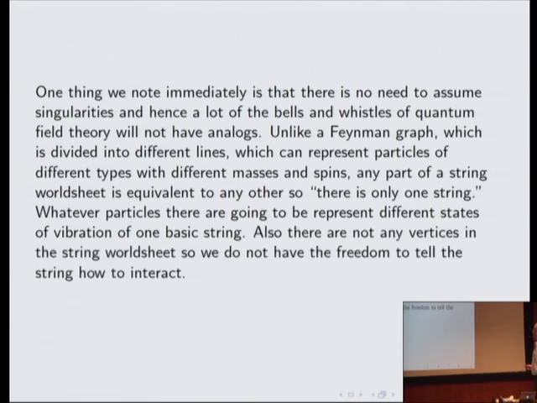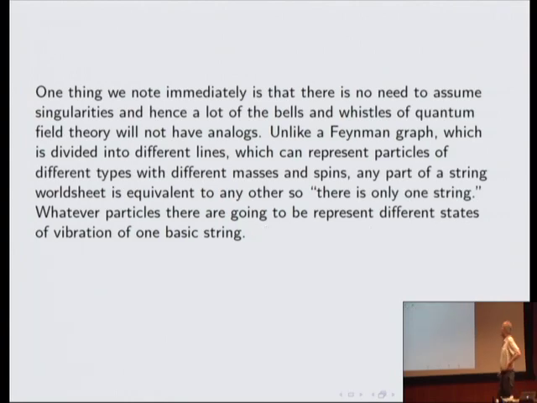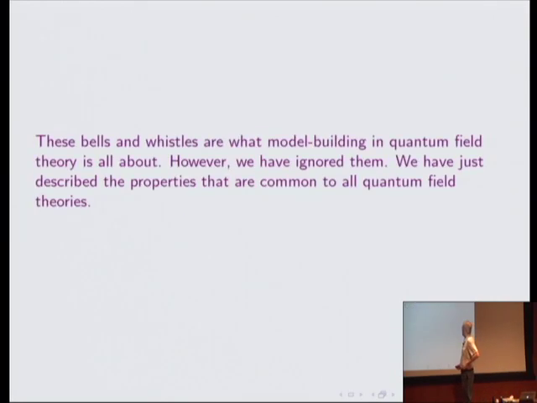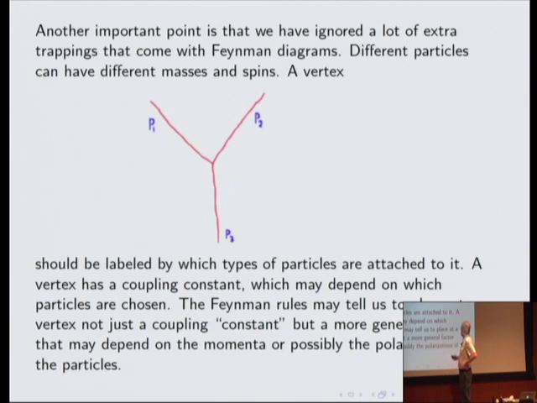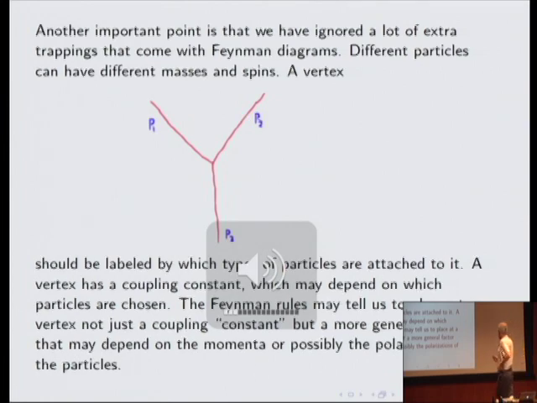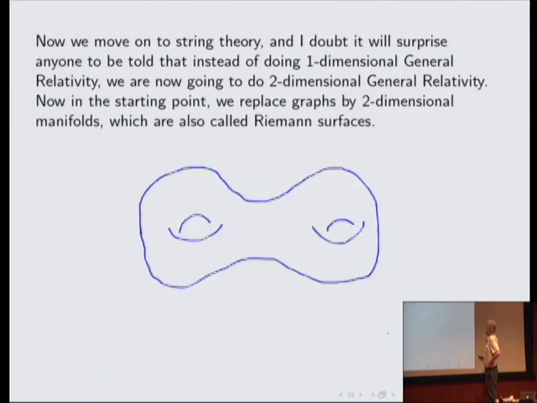Also, there aren't any vertices in the string world sheet, so we don't have the freedom to tell the string how to interact. In other words, when we made a quantum field theory, it was up to us to decide what was going to happen at an interaction vertex. So we say which particles meet there, what the amplitude is, and in general, we introduce factors that depend on momenta and polarizations. But then when we go to string theory, we can't do that.